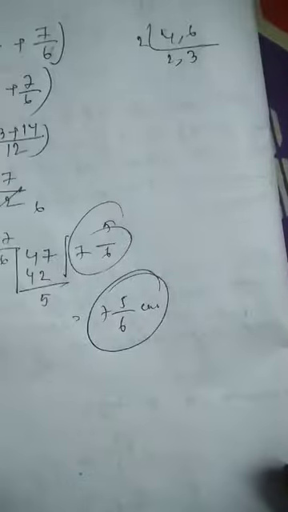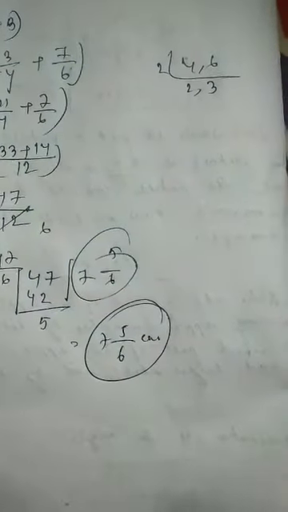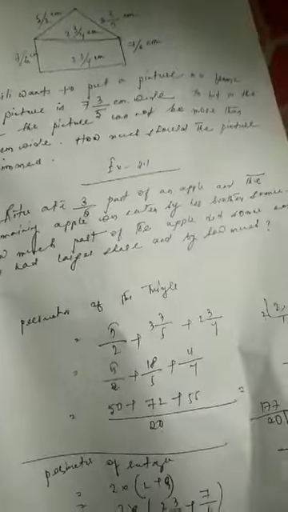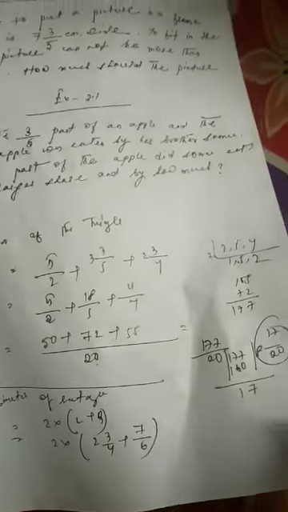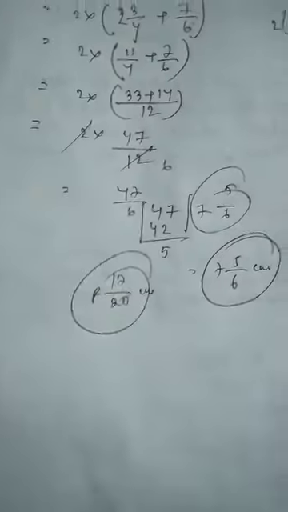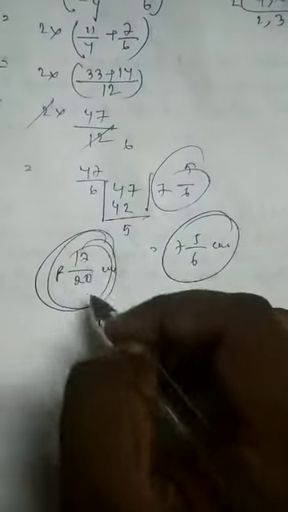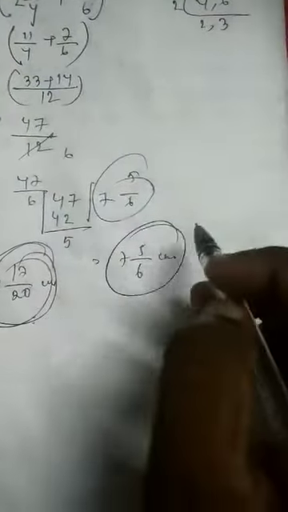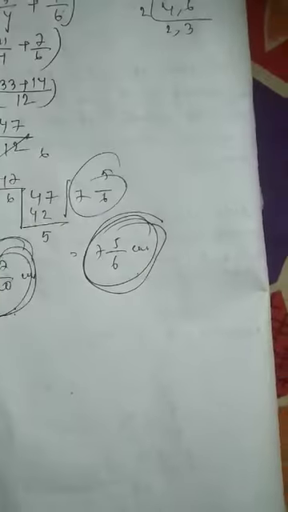The perimeter of the rectangle is 7 5 by 6 centimeter, and the perimeter of the triangle was 8 17 by 20 centimeter.